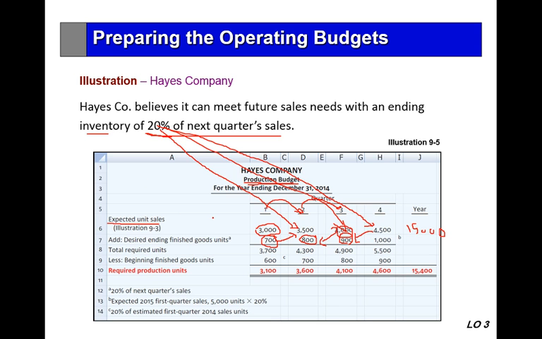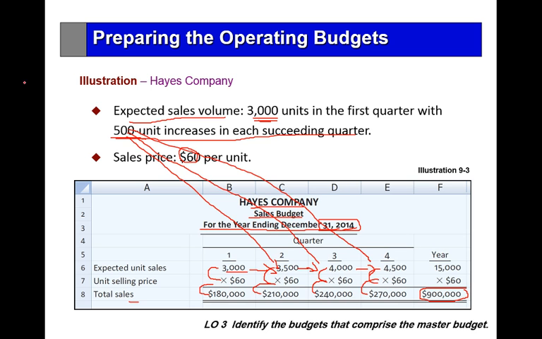Finally, we have here 1,000 units. He mentioned that we have expected 2015 first quarter sales to be 5,000 units. If we anticipate that the increase in units is 500 also for the first quarter of 2015, then for the first quarter we have 4,500, the expected sales of the fourth quarter, plus 500, the increase in each quarter mentioned in the previous slide.